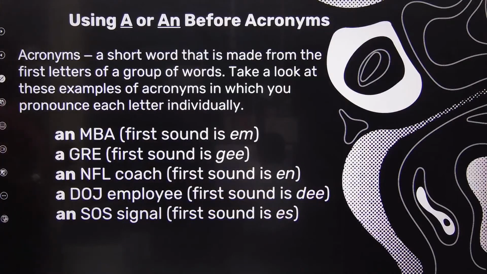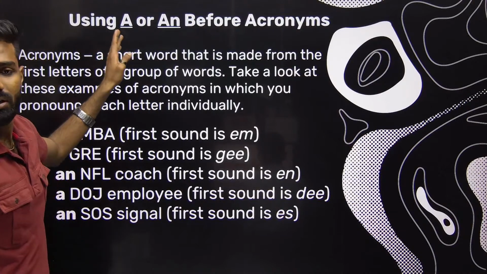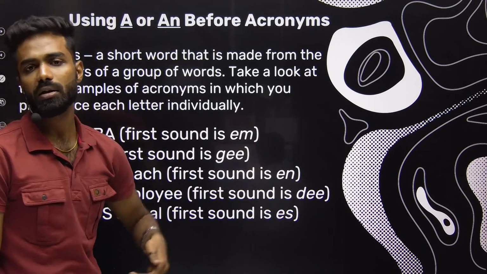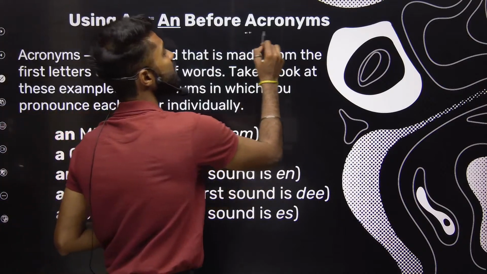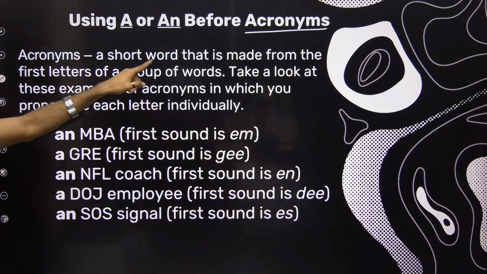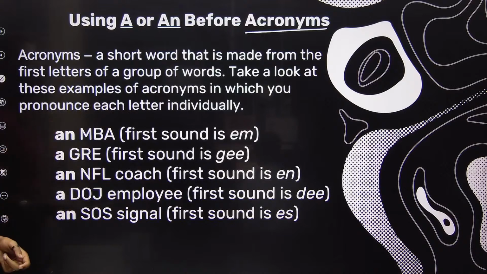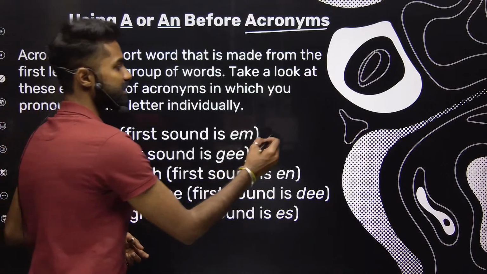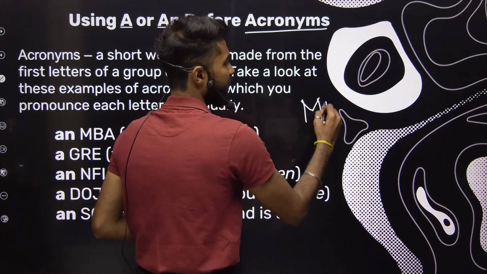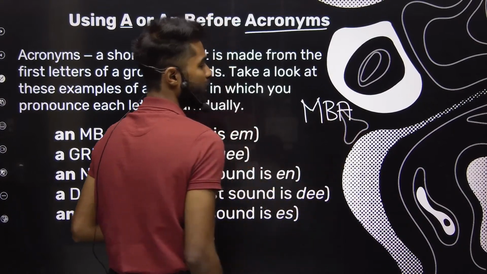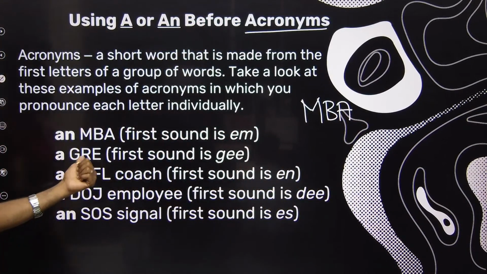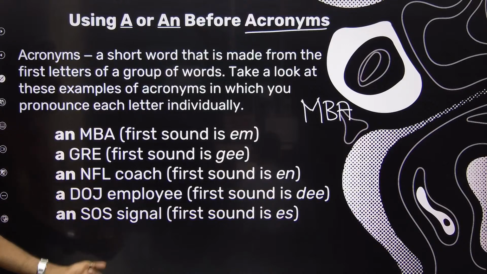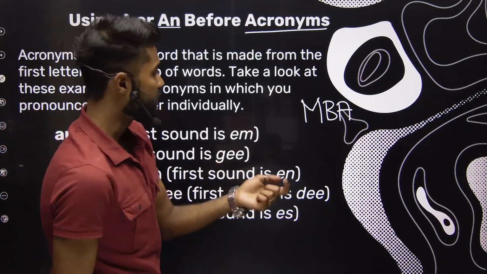So, what do you mean by acronyms? Whether I should be using a or an before an acronym. But tell me, sir, what is an acronym? Acronyms are nothing but a short word that is made from the first letters of a group of words, right? For example, MBA, GRE, NFL, SOS. All these words are what?